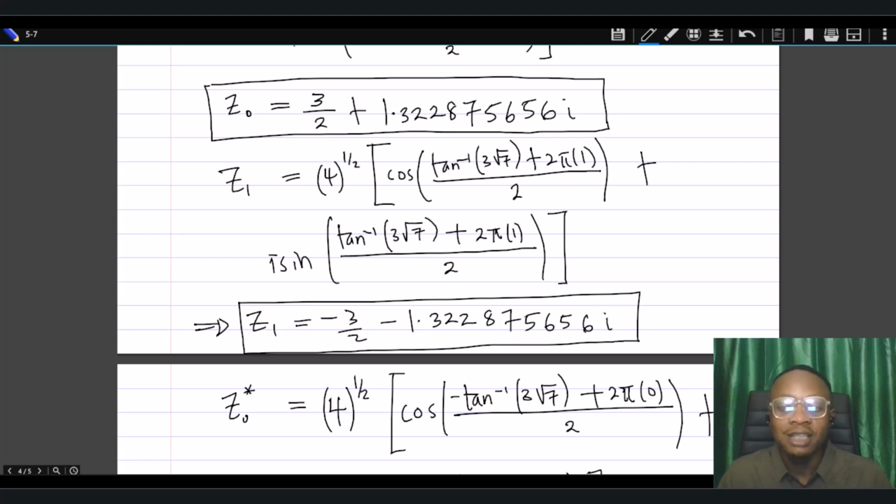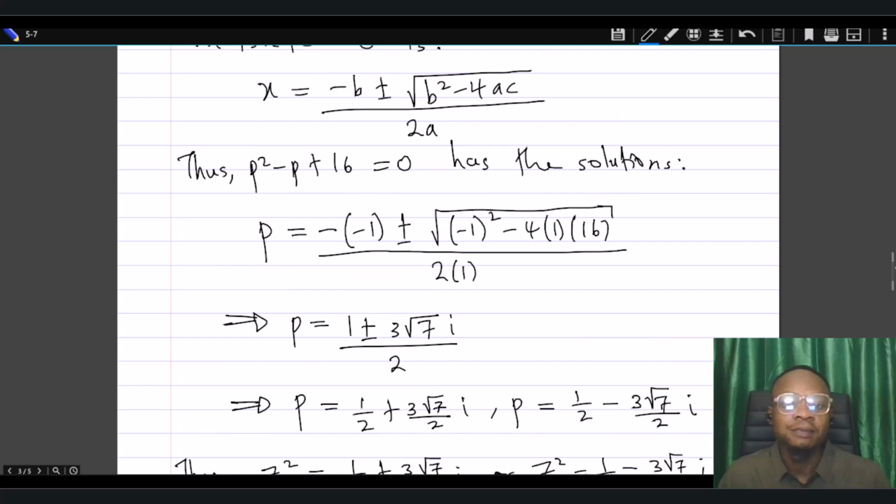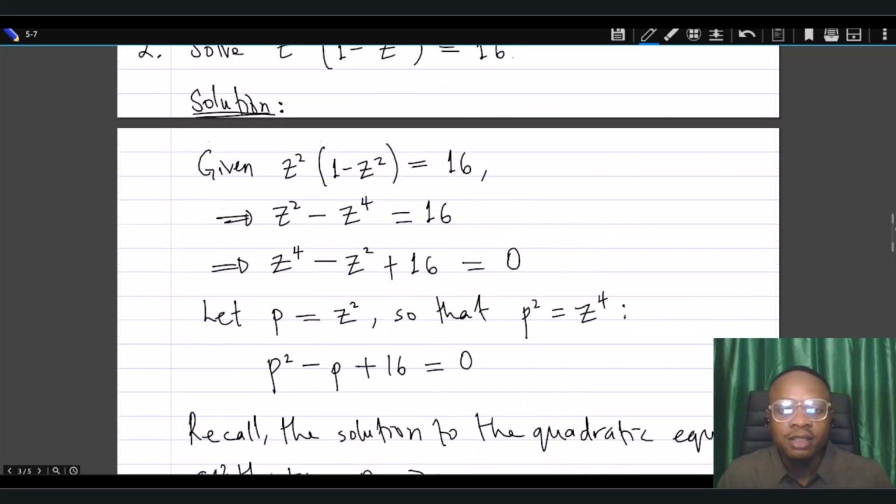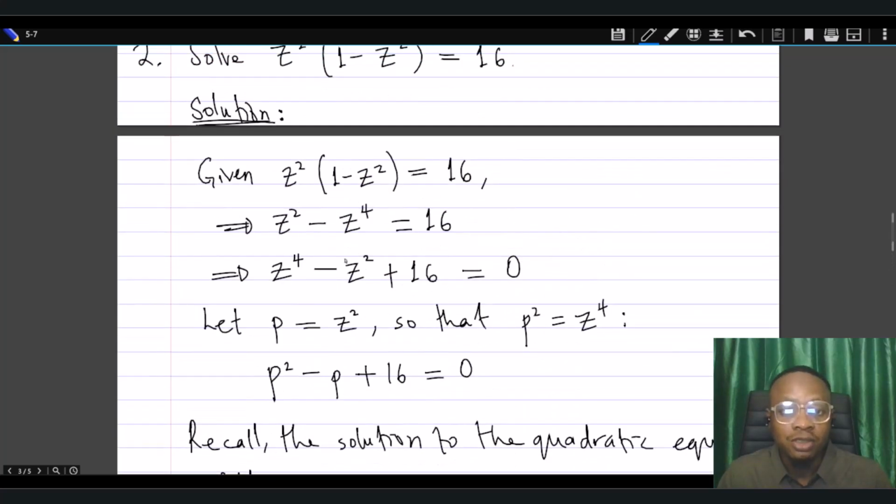The reason being that, as we pointed out in the previous lesson, the roots of a polynomial, or the zeros of a polynomial with real coefficients, always occur in conjugate pairs when they are complex.